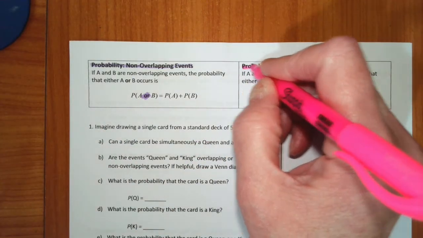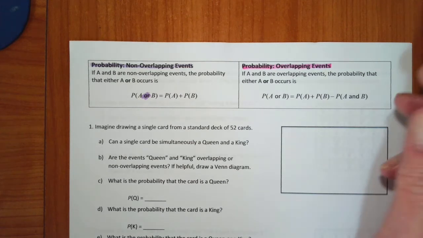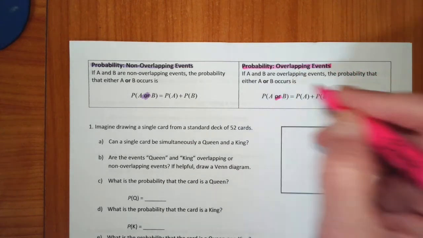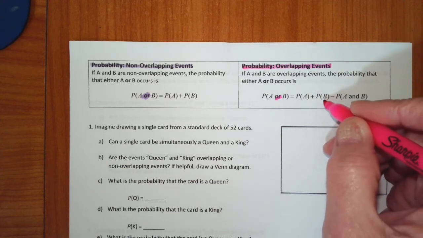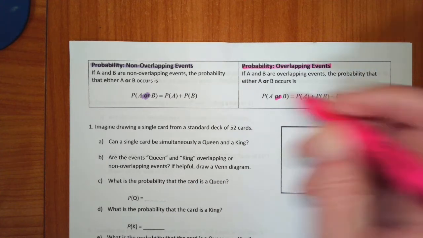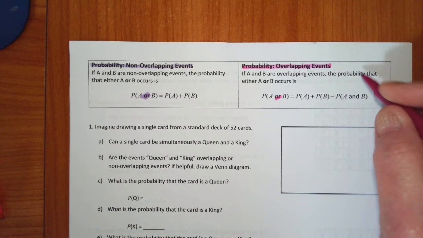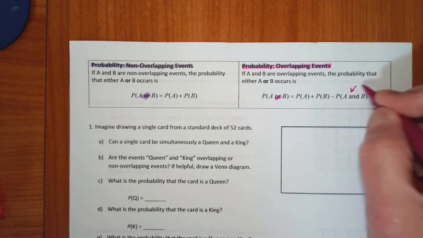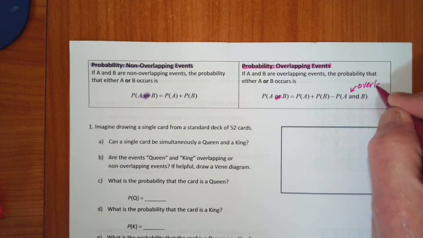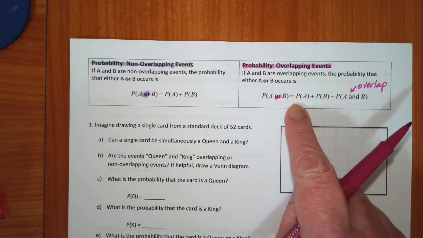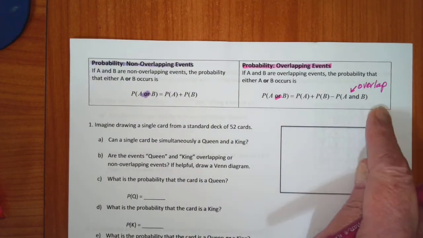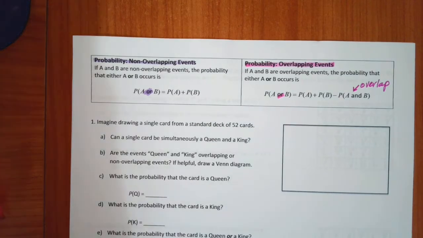If they are overlapping events, A or B again, you have to add the probabilities of each event, but then subtract out the overlap. You have to back that out because it's being counted in one event and counted in the other, so you have to subtract it out.